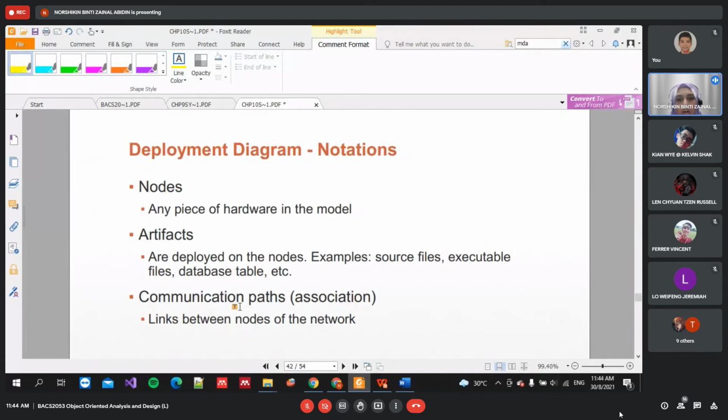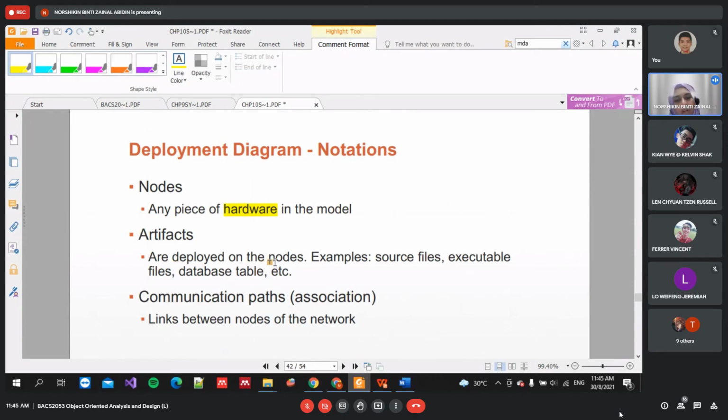Before we see the whole diagram, let's look at the notation symbols. Nodes, like I mentioned just now, refer to hardware in our system, what's needed. Then artifacts.